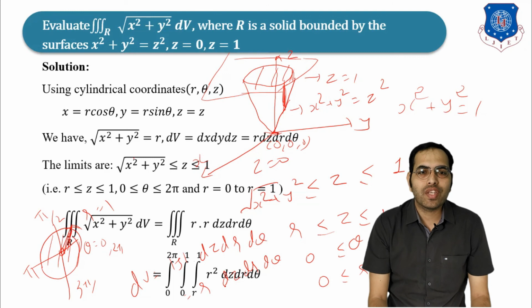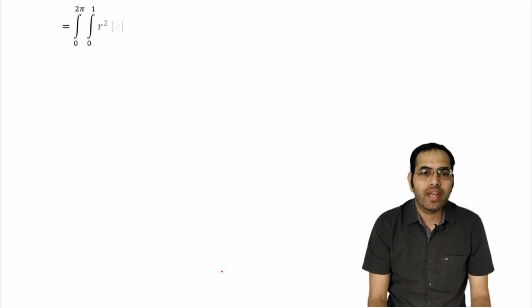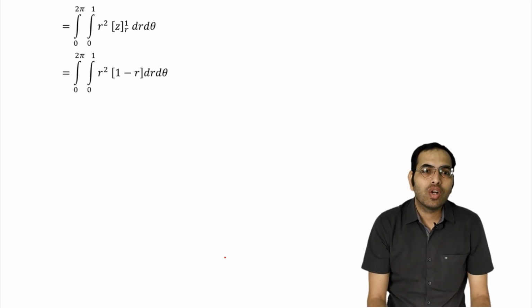Now integrating with respect to z, we get the integral from 0 to 2 pi, 0 to 1, of r square times z, where z runs from r to 1. Substituting upper limit minus lower limit gives r square into 1 minus r dr d theta.